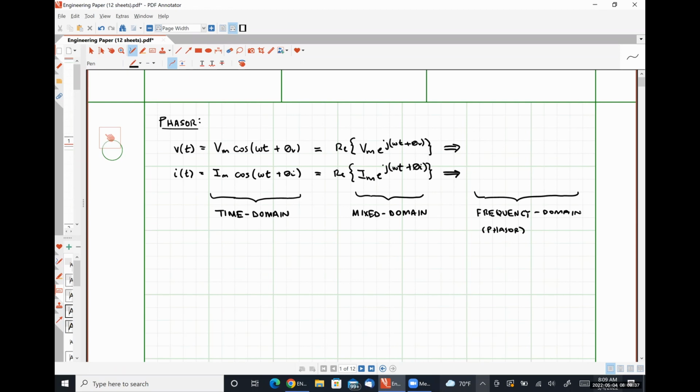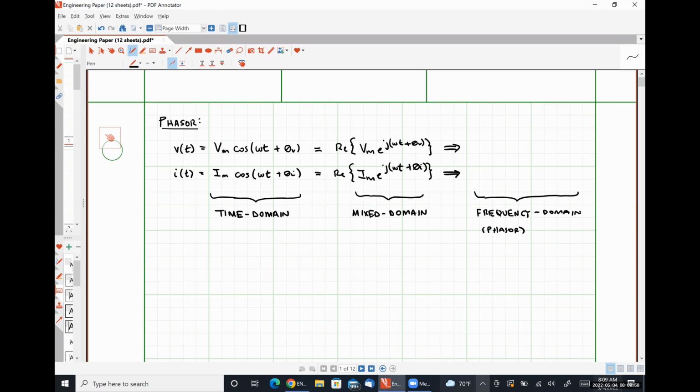They do not, however, have a frequency associated with them, okay? Now, the reason why we can get away with effectively throwing away the frequency portion of our time domain and mixed domain representation of these signals is because it's common to all signals.